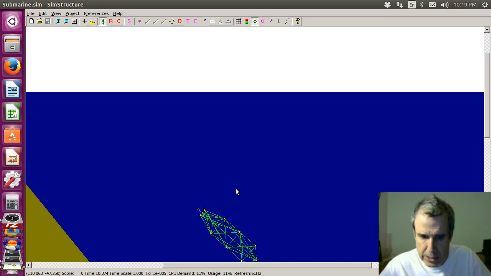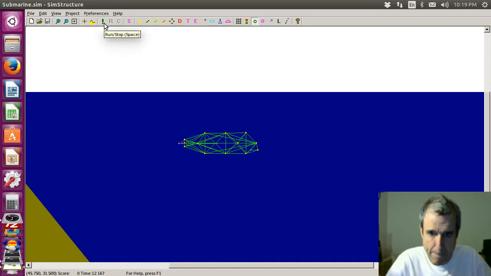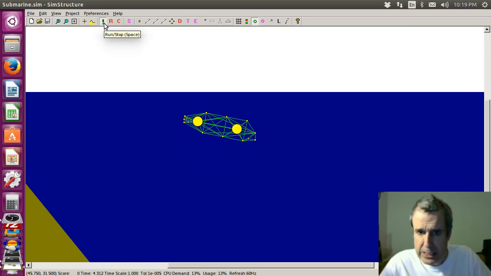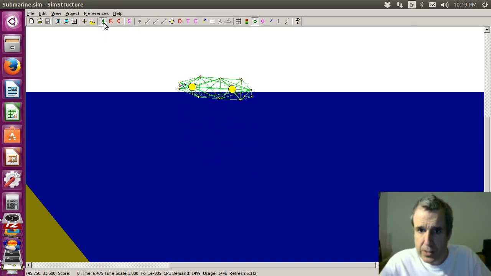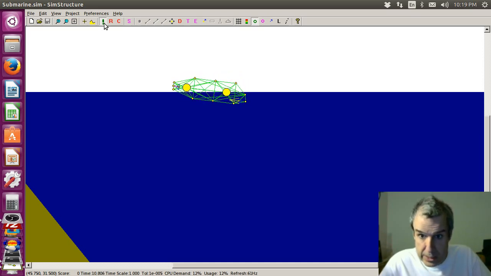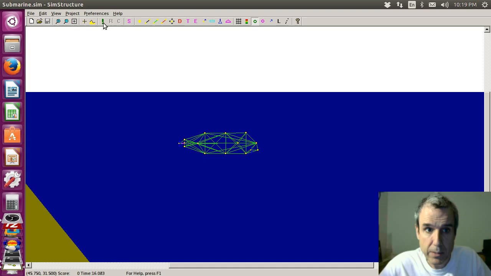Okay, so you can inflate the submarine. So I made this program back in, it blows up.